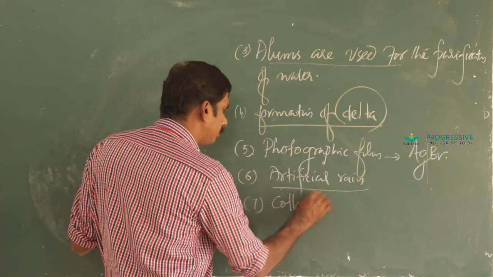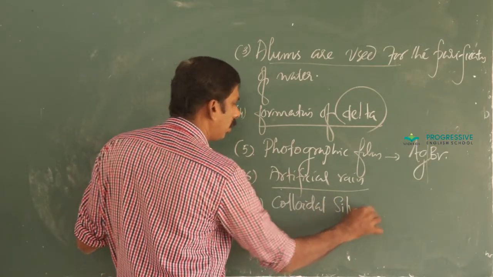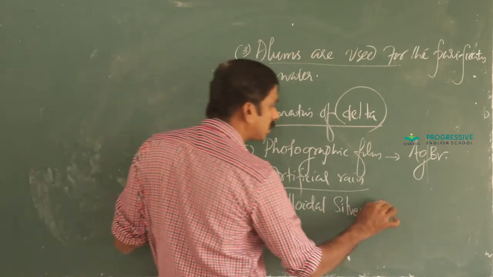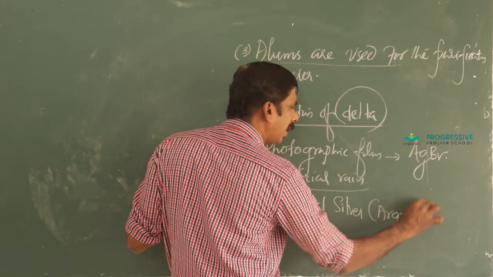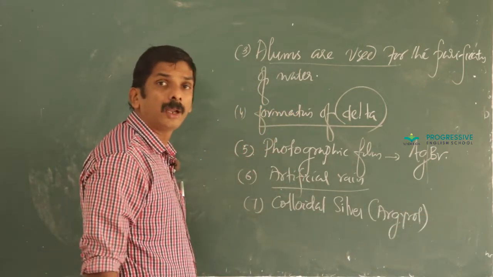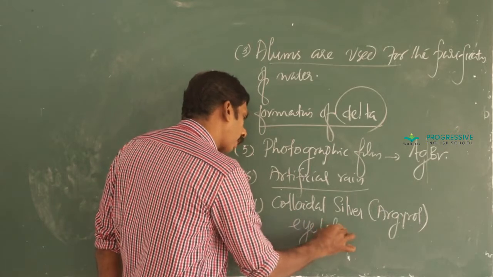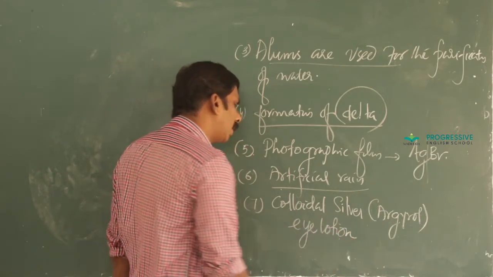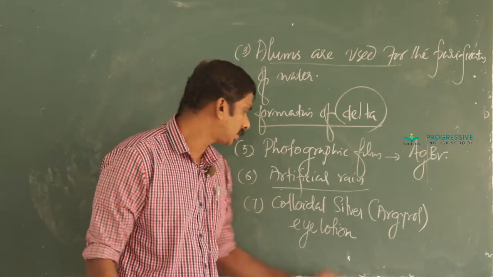Colloidal silver is known as argyrol. Argyrol is used in eye lotion.